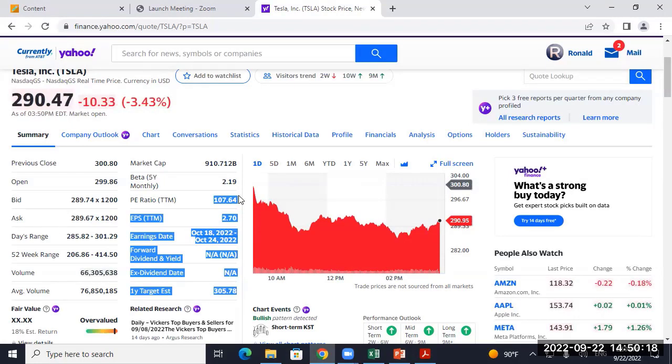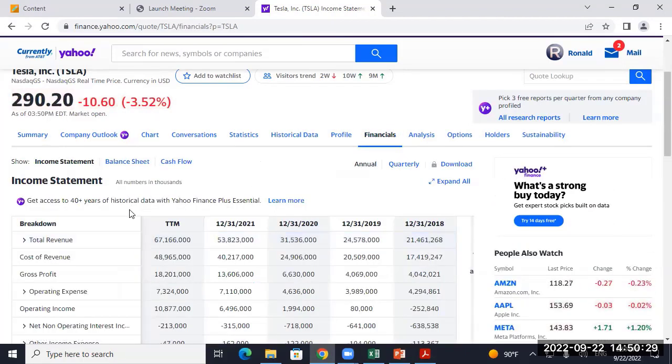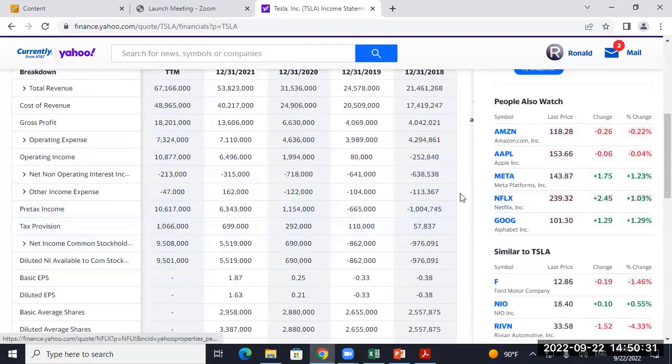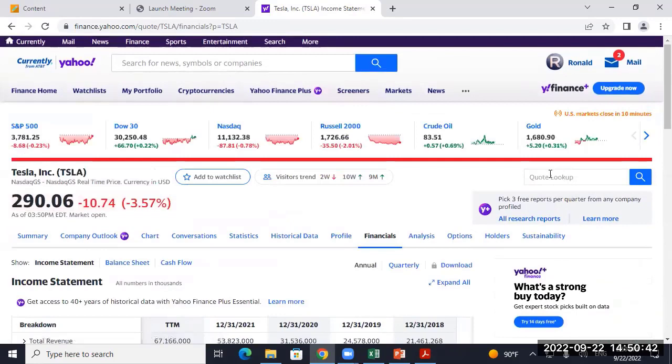If their earnings never grow, it's going to take you 107 years to get your money back. Why are you paying 107? Because you're expecting their earnings to grow really, really fast. Have their earnings been growing fast? Well, their earnings used to be negative $1 billion, and now it's 10 billion. That sounds like pretty good growth, doesn't it? So that's a high growth company.